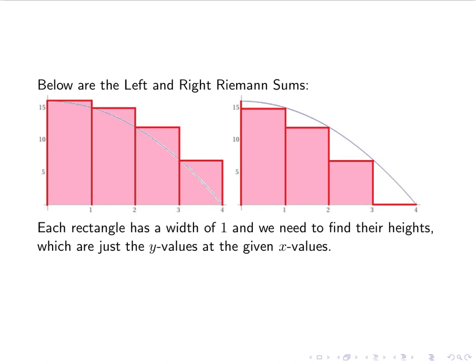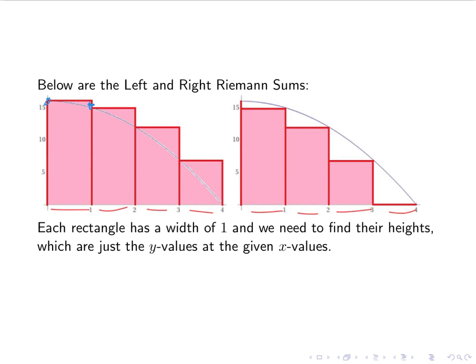So I have the 2 pictures drawn here. In our first one, the bases for each of them are the same, right? From 0 to 1, 1 to 2, 2 to 3, and 3 to 4. And then in the left Riemann sum, we're going to look at the endpoints of our rectangle in the y direction.